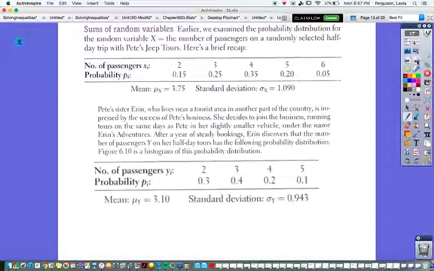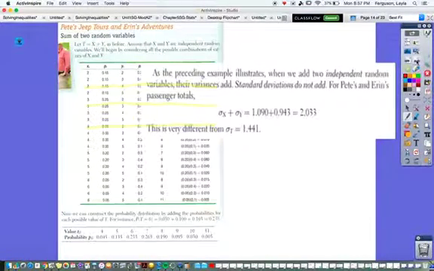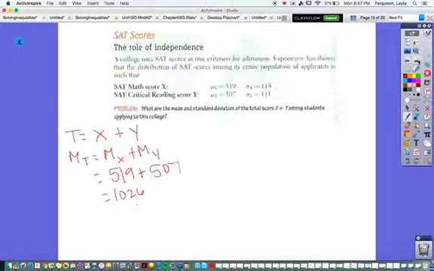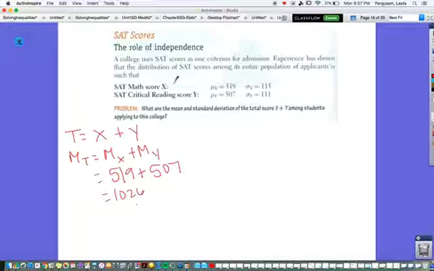It's also important to note that when we look at this example, the scores for your math score and your reading score are not going to be independent. And so therefore the variance and the standard deviation of the total cannot be computed from the information given.